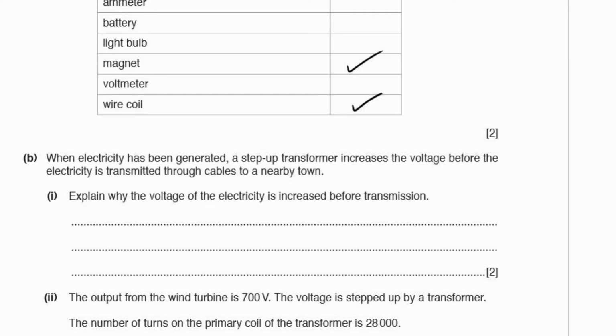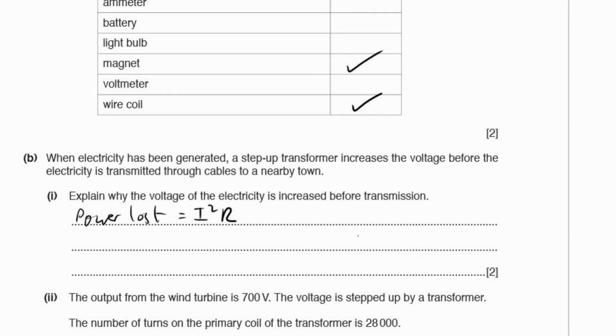When electricity has been generated, a step-up transformer increases the voltage before the electricity is transmitted through cables to a nearby town. Explain why the voltage of the electricity is increased before transmission. Well, specifically it's to reduce power loss. Maybe let's explain that a little more clearly.